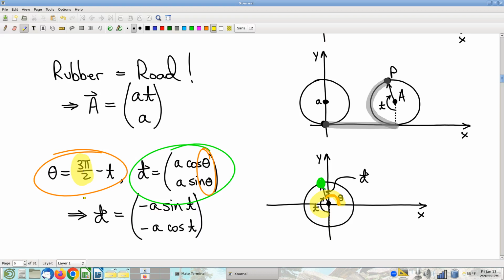You take that formula for theta, you plug it in here, and d is then a cosine, we have this angle addition circumstance. And I hope you all remember your angle addition formulas. Let me rephrase that. I am aware of the fact that most of y'all have forgotten your angle addition formulas, and I urge you to refresh yourself on those.